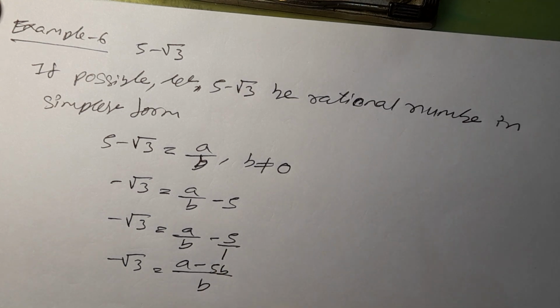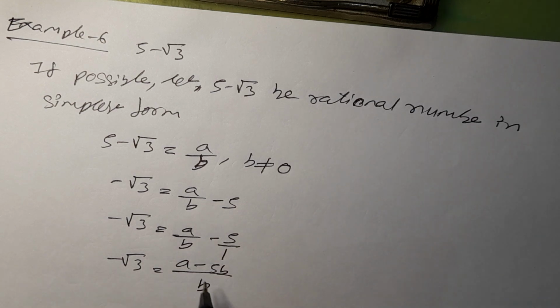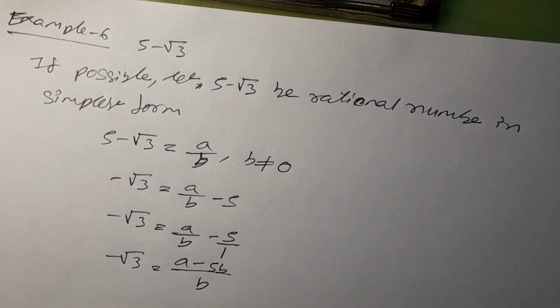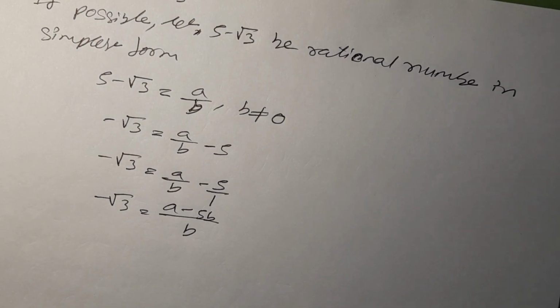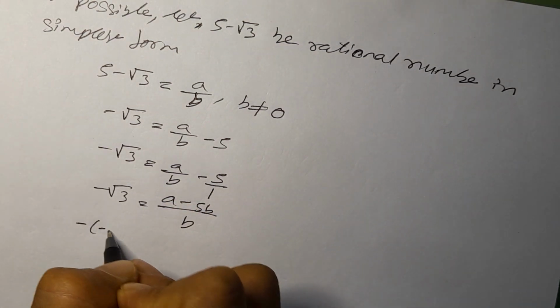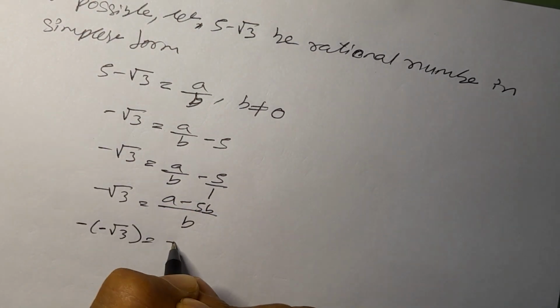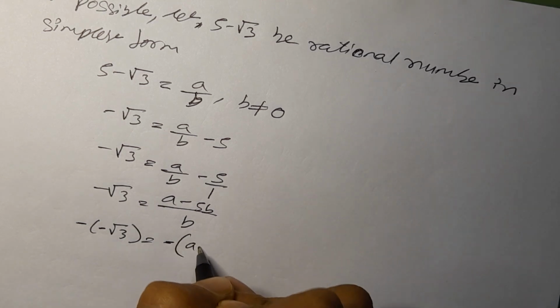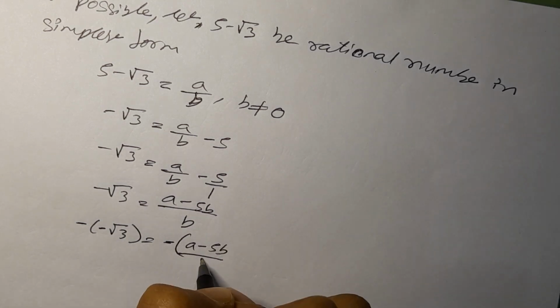Now see, we cannot keep the negative sign this side, so multiply both sides by negative. So it will be a minus 5b divided by b.